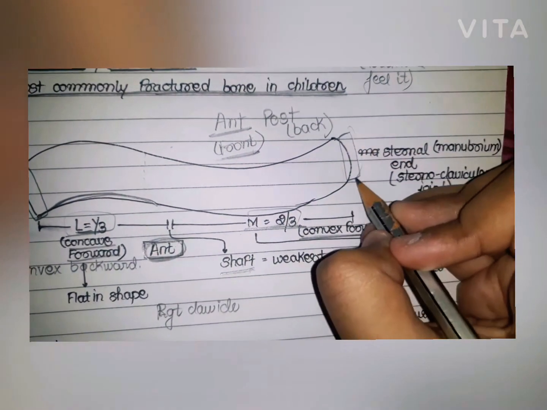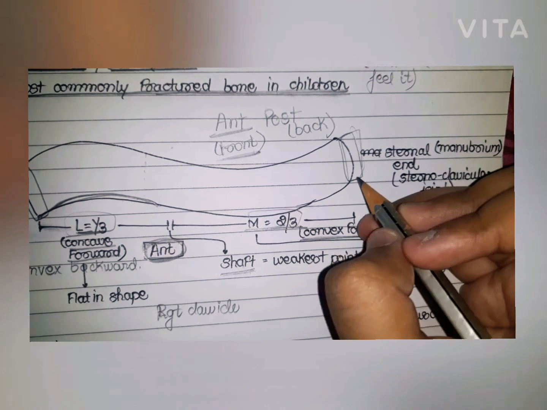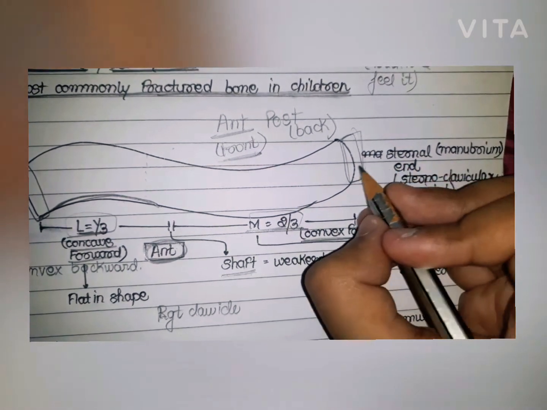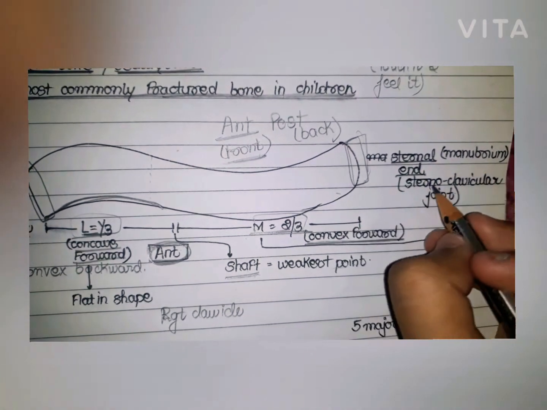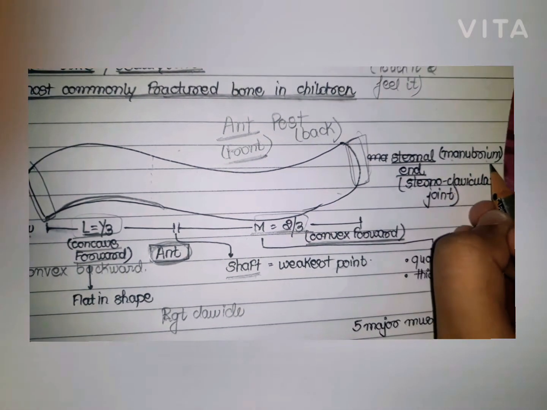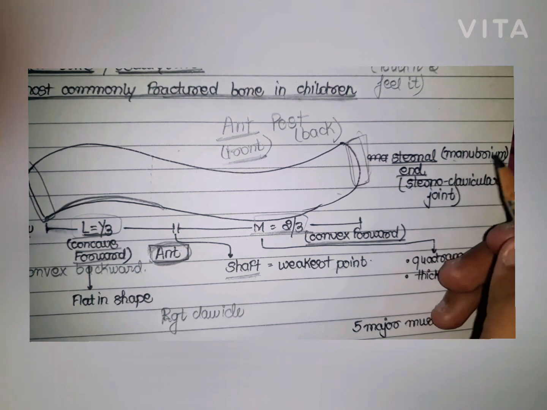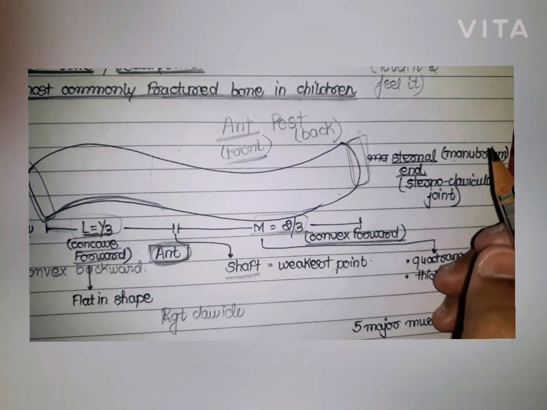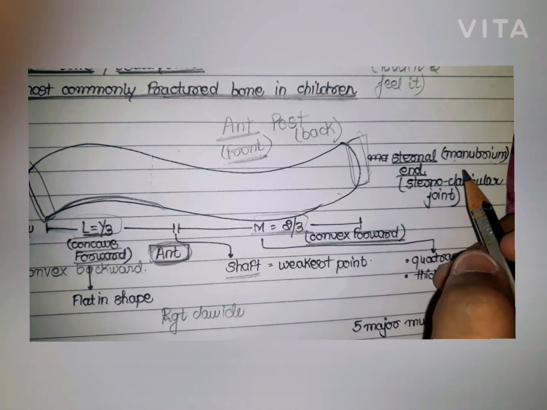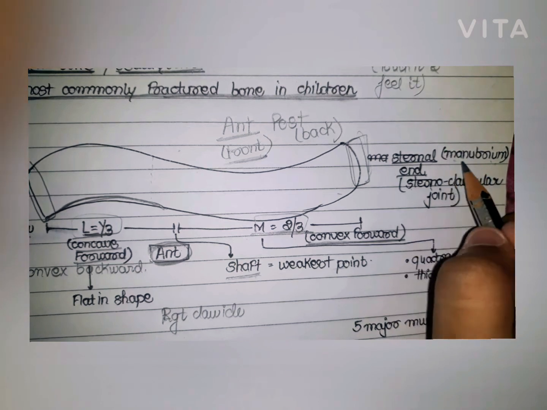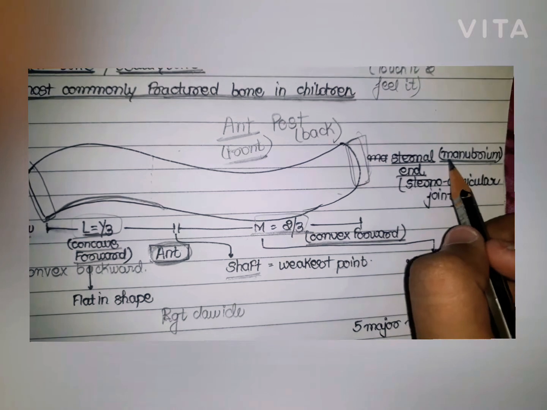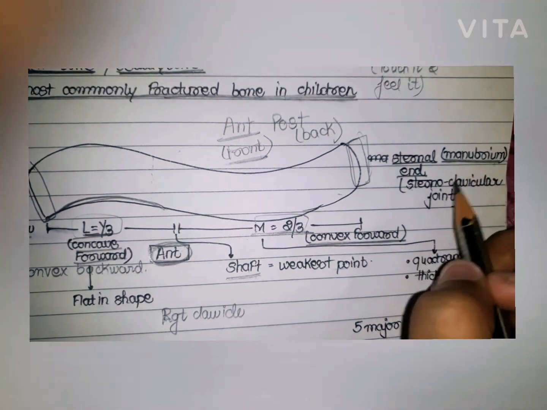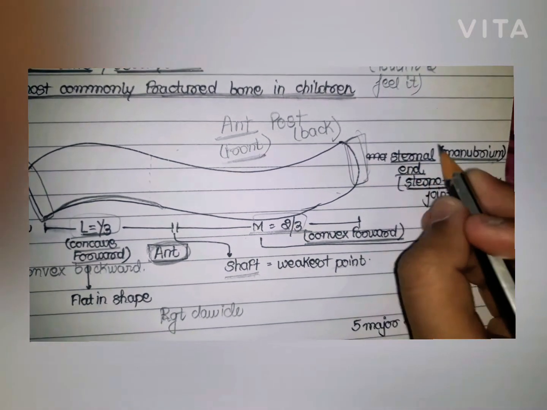Now this end, this is the medial part. In medial part, it joins with this. It is also known as the sternal end, which is joined with the manubrium of sternum. When we go through the thorax part of the anatomy, you will get to know that sternum has three parts, of which the manubrium is the first part, and this end of the clavicle joins with the manubrium through the sternal end.